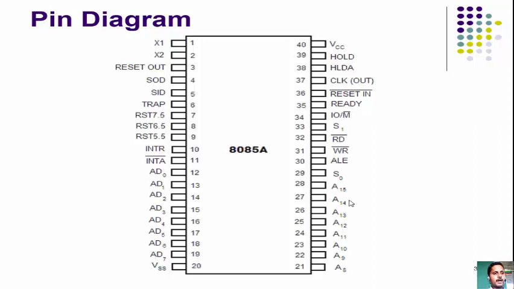So in this pin diagram we can see pin number 21 is A8, pin number 22 A9, pin number 23 A10, and so on up to pin number 28.